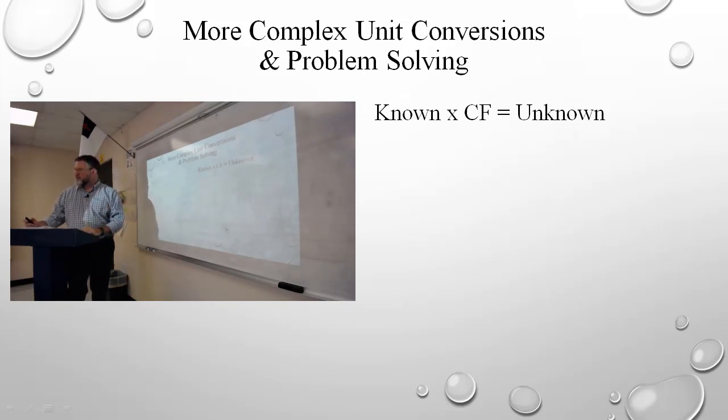Do you remember what the conversion factor came from? Just generically, for any problem like this, a conversion factor is going to come from a statement of equality. Something equals something. And when something equals something, you can make a conversion factor by putting one side of the equal sign over the other side, in either way.